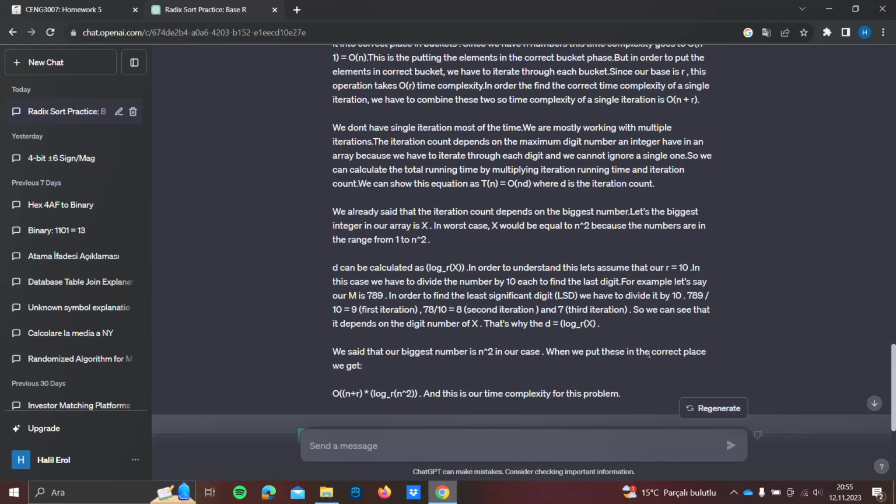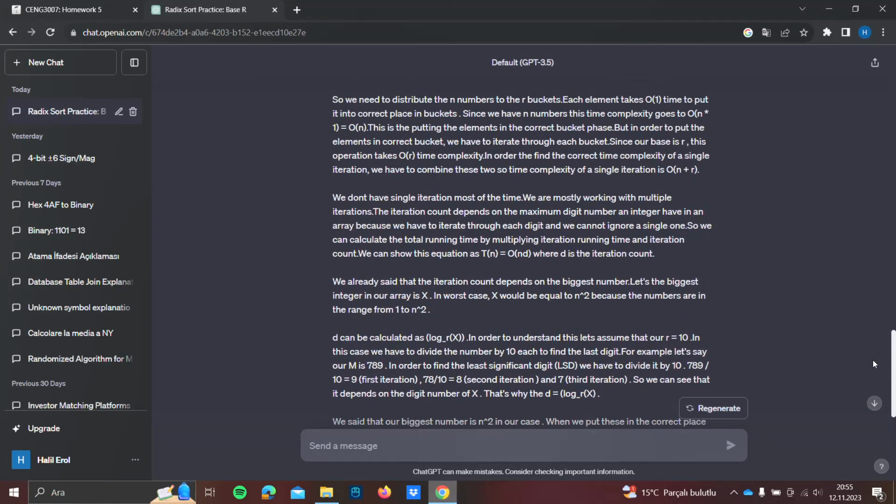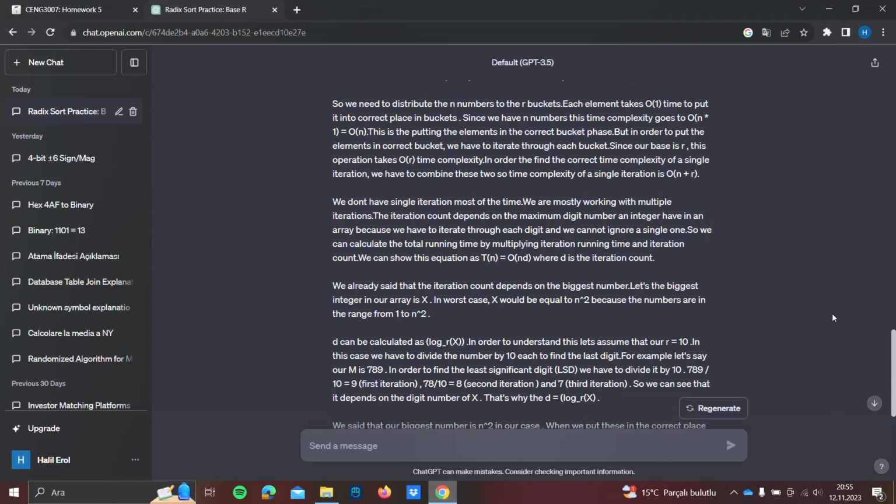When we put these in the correct place, we get O((n plus r) times log n squared in the base of r). So here we found d, which is the iteration count, and we found O(n plus r), which is the time complexity of a single iteration. So the total time complexity goes like this, and as you can see, it is a correct solution. So this is all about my homework.